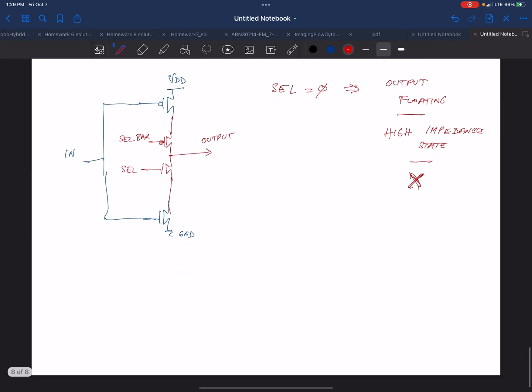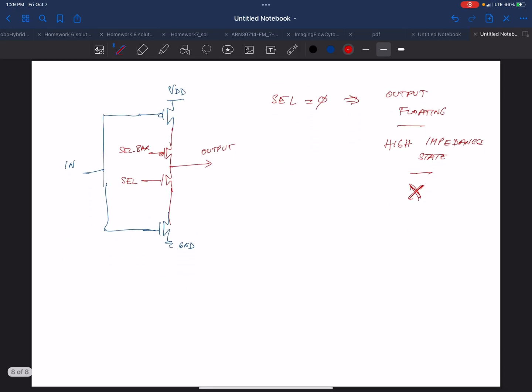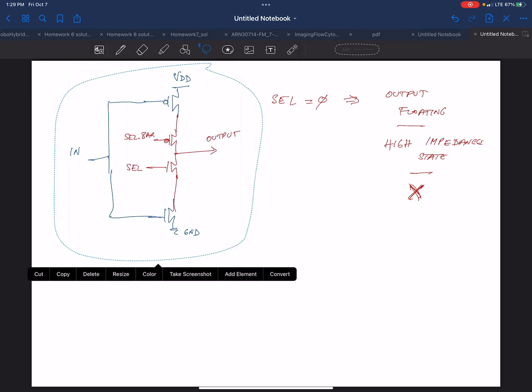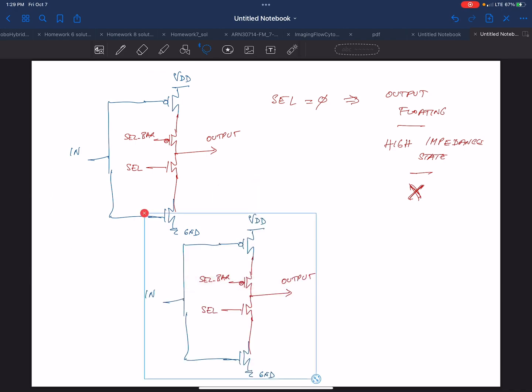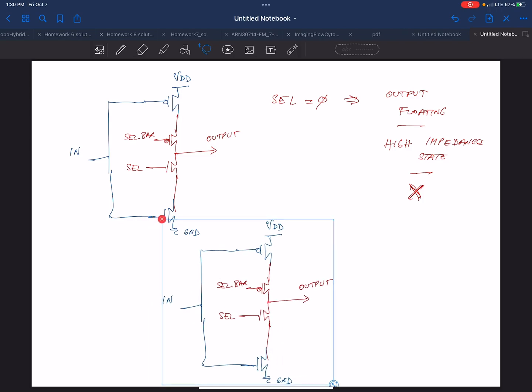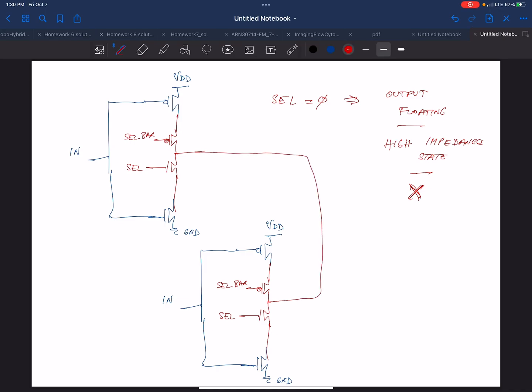Now you can hook up multiple of these guys together. So if this is my bus, I can connect these guys together and call this select one bar, select two bar.